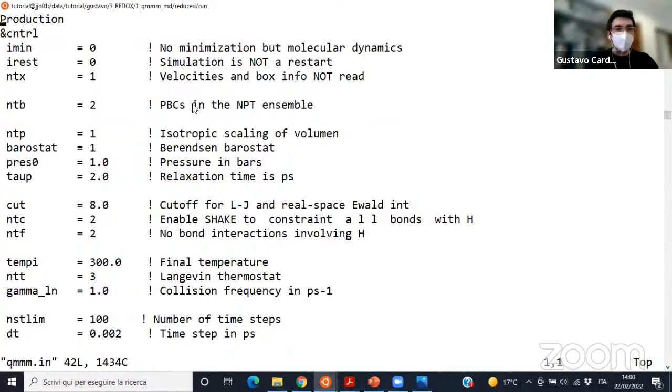Okay, so the first thing is, well, there is the usual control section, just called CNTRL, introduced by an ampersand. And here is where we're going to define all the parameters for the molecular dynamics simulation. Okay, so remember, this is always molecular dynamics. So here we're solving Newton's equations of motion.